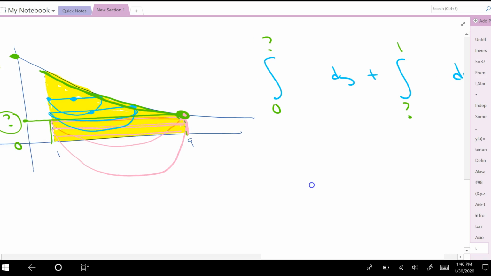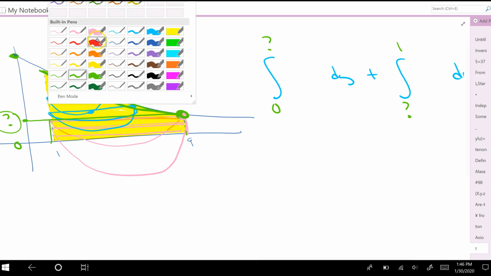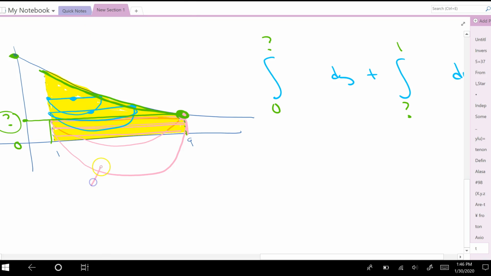Now, the first integral is nice and easy. Let's be very methodical about this. I need to find the area of one semicircle. In general, the area of one semicircle is 1/2 pi r squared, because pi r squared is a whole circle, and we want a half.